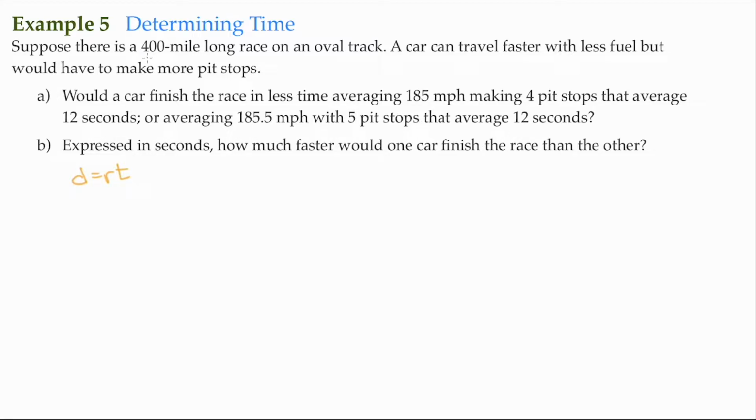So this is a 400-mile long race. So the distance they're going to travel for A, for the first car, is 400 miles. And the first car is traveling at 185 miles per hour. So that's going to be equal to 185, that's our rate of speed, times the time.